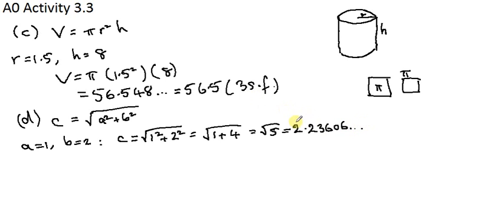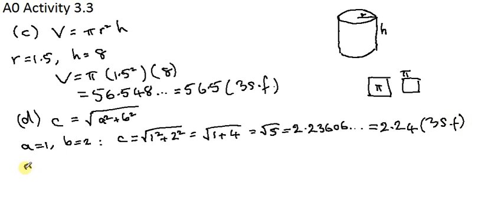I look at 1, 2, 3 significant figures. I look at the fourth one, which is 6. 6 is over halfway, it's more than 5, so it rounds up the 3 to become 4, so I get 2.24, correct to 3 significant figures.